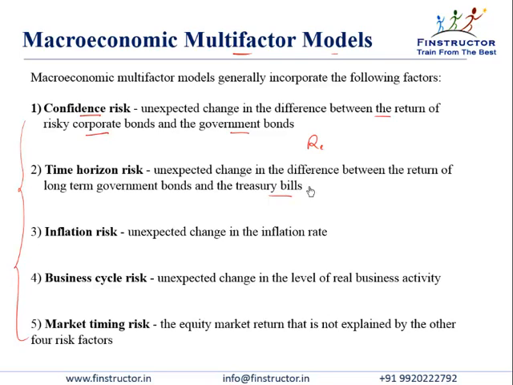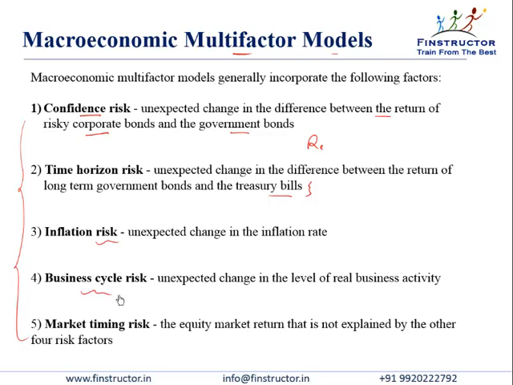So my returns can vary as the confidence in the economy changes, as the outlook or rates at different time horizons change, as inflation changes unexpectedly. So if inflation is unexpected and my company is not able to pass it on, then again the value of equity will reduce, because the discount rate will go up because of higher inflation and my earnings may not.